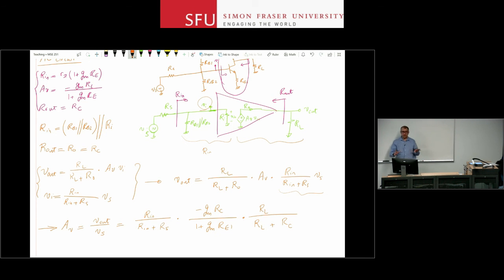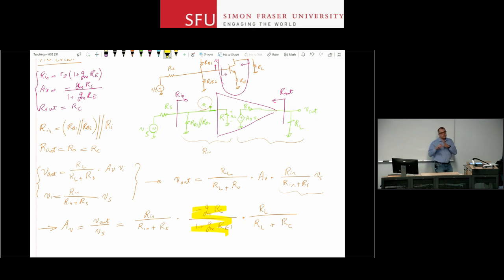Now, let's see what happened. With this circuit, by having a source resistance and attaching a load, two things happen. This is the gain of the basic stage, right? If my basic common emitter stage that I had before, with just emitter degeneration, that's the gain of that stage.